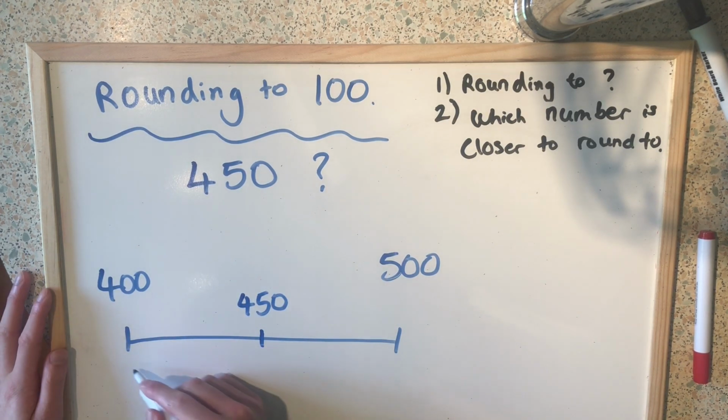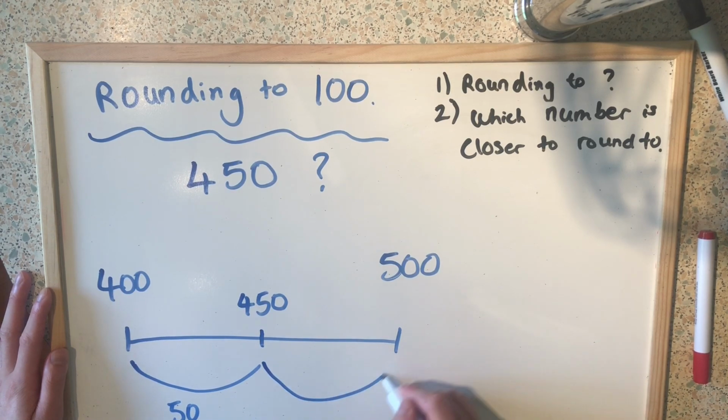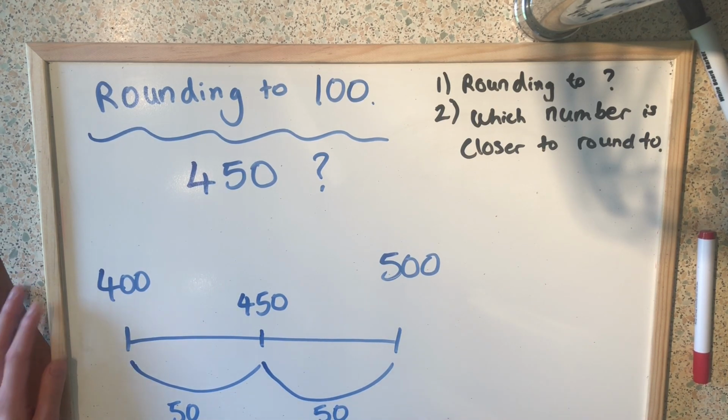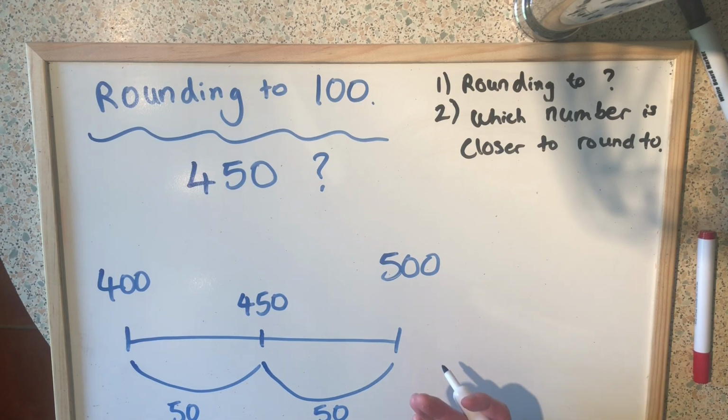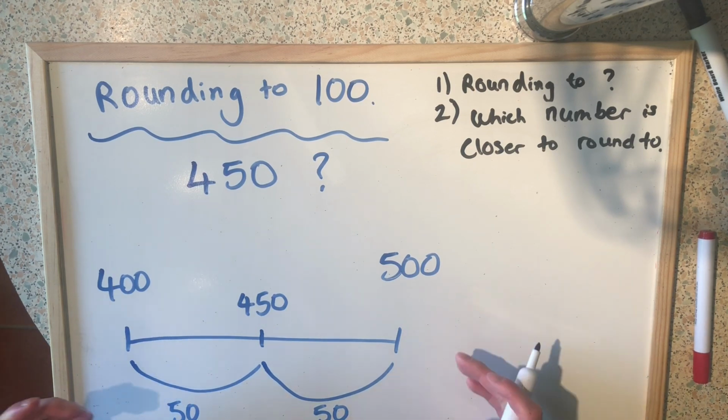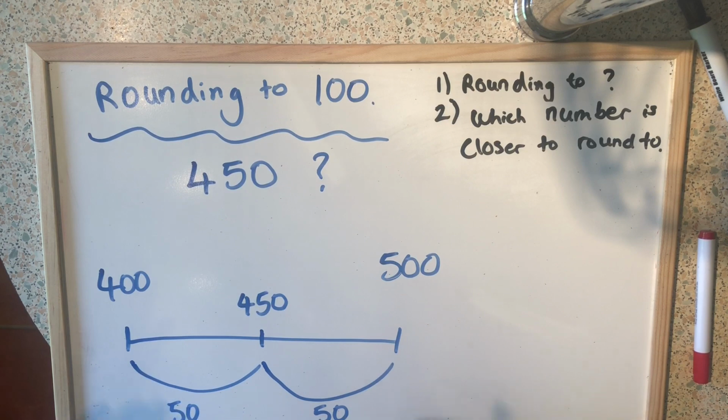And 450 is equally away from 400, 50 away from 400 as it is to 500. So what do we do here then? Well, in this special case, whenever we have something that's equally away from one number as it is to the high number, we always go up.